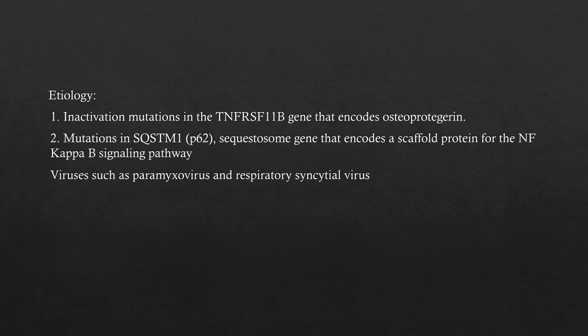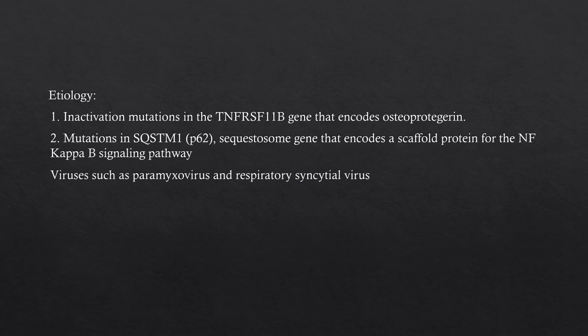The NF-kappa B signaling pathway mediates the differentiation of monocytes and macrophages into osteoclasts, which are responsible for resorbing bone. So there is bone formation with the help of osteoprotegerin and bone resorption with the help of the NF-kappa B signaling pathway. So both take place at the same time.